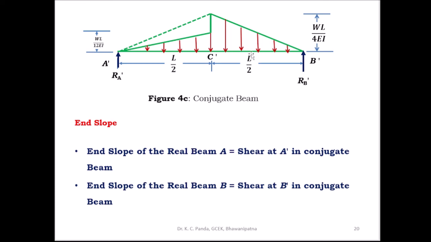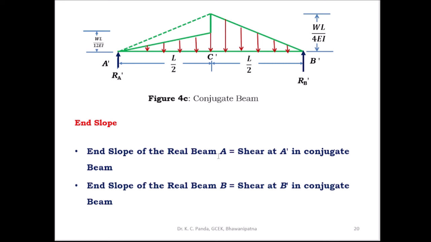of the conjugate beam. So this is the end support A dash and this is B dash, and here the reaction at A dash is equal to RA dash and the reaction at B dash is equal to RB dash, and this is the C dash. So here you have to find out what is the end slope at A and B of the real beam. So that is equal to the shear at A dash and B dash in the conjugate beam.